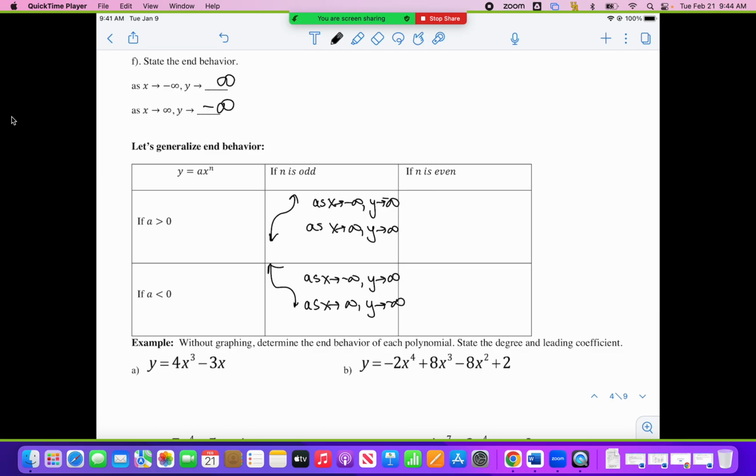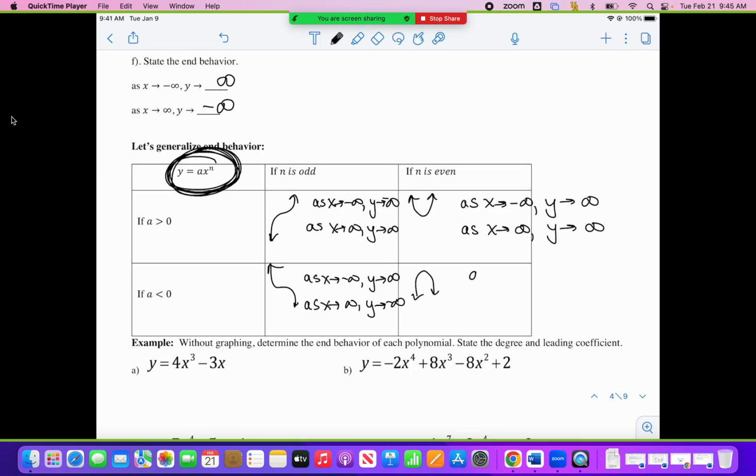If n, and here, do you see this is what I'm referring to, okay? If I have y equals a times x to the n, if n is even and the coefficient is positive, it's an up-up. So as x goes to negative infinity, y goes to infinity. As x goes to infinity, y goes to infinity.